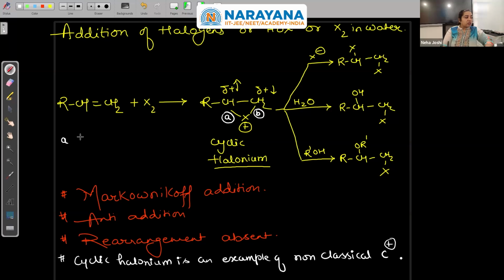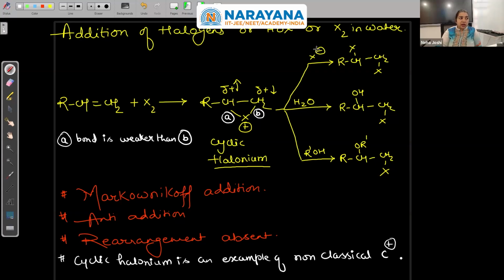What is found is that the A bond is weaker than B, because when the system has to select which bond to weaken, it will select the one where the plus charge, if generated, is relatively stabilized. This is a 2 degree carbon, so even if this bond is a little weaker, R will do plus I. So the 2 degree carbon will have a higher delta plus nature than this 1 degree.